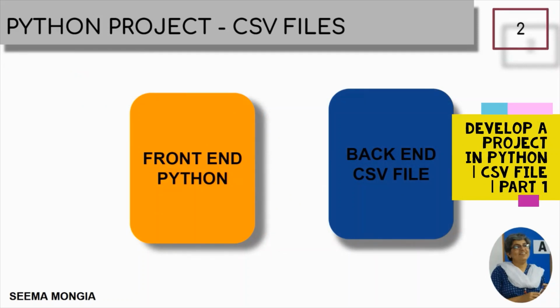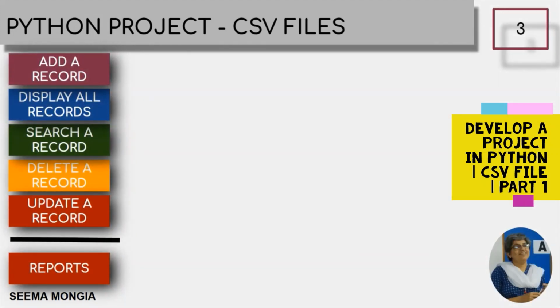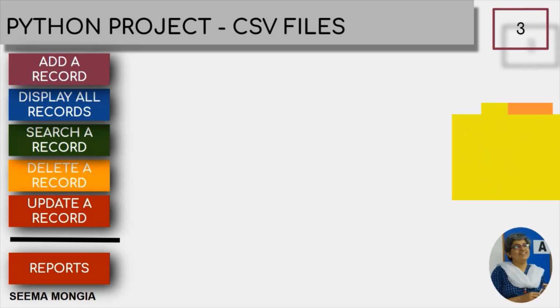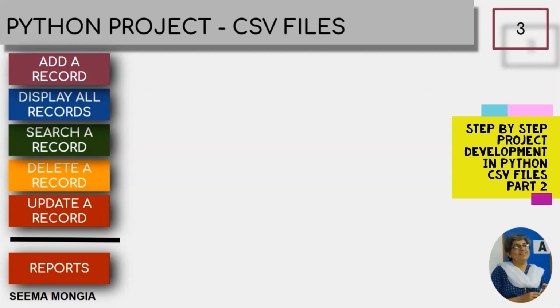In this current project we are using Python as the front end and CSV files as the back end. The basic structure which we decided in the first video of this series was these five main methods are to be written or coded for any kind of project, whatever may be the back end or the front end in the code.